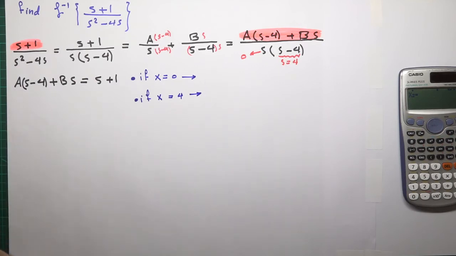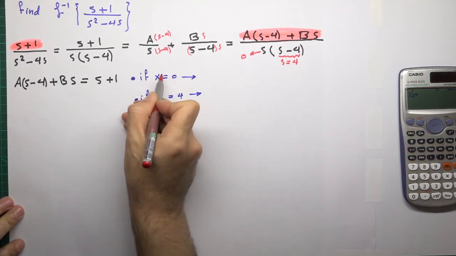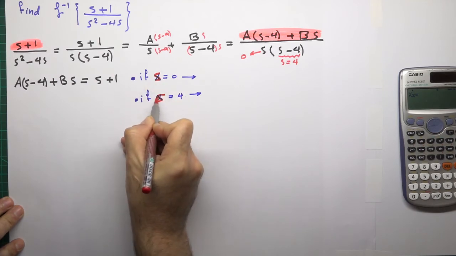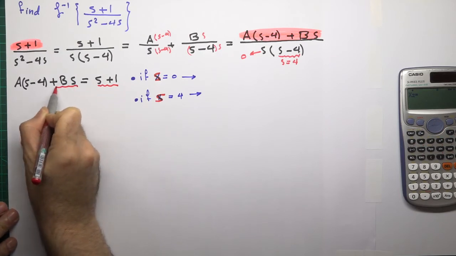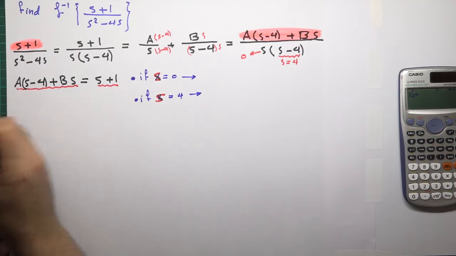If you plug in 0 here, remember to plug in 0 here as well, and likewise with 4. If you plug 4 here, you have to plug in 4 there.